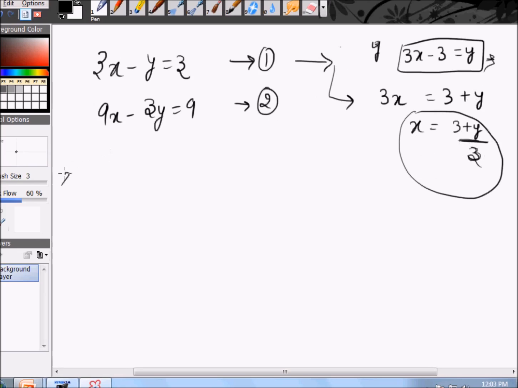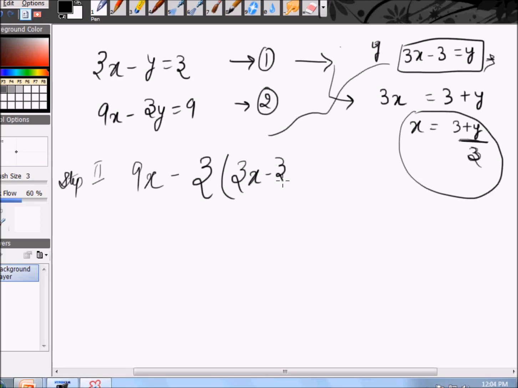In the second step, we substitute this value of y in equation 2. Thus we get 9x minus 3 into (3x minus 3) equals 9.